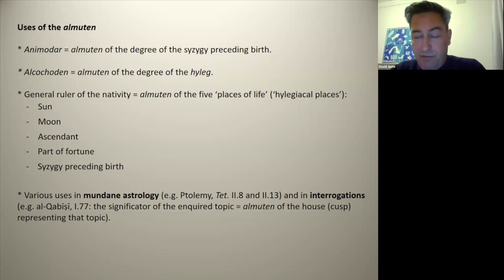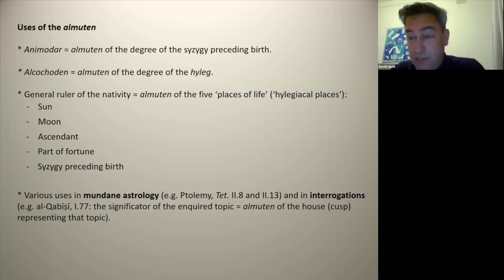Because these are the five planets or mathematical points which can be elected as hyleg. This is the Sun, the Moon, the Ascendant, the Part of Fortune, and the Syzygy preceding birth. So you see here that if you want to cast and interpret a nativity, if you cannot determine the Almuten, you will not go very far.